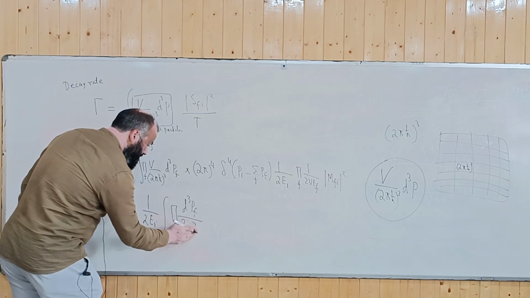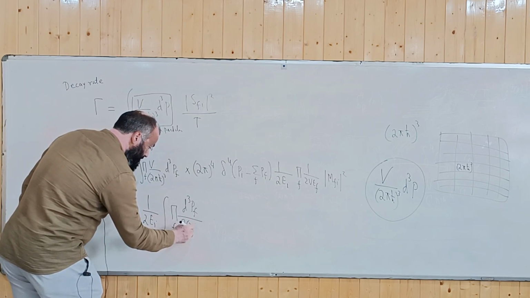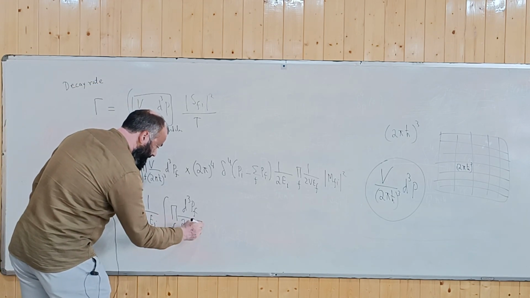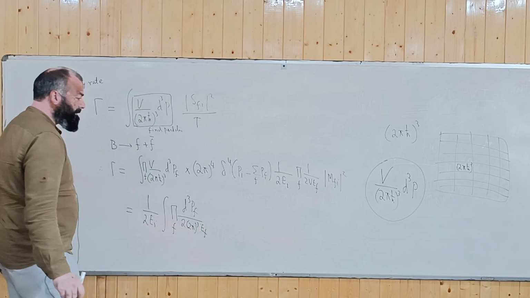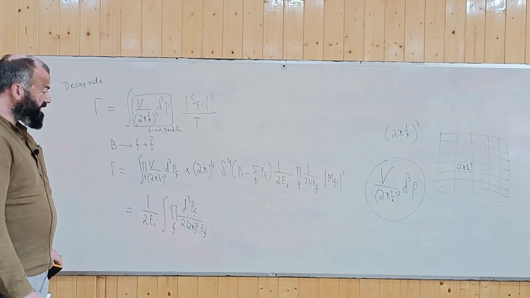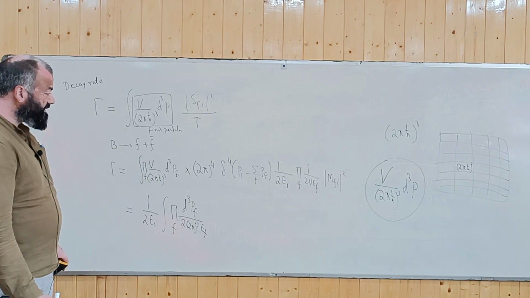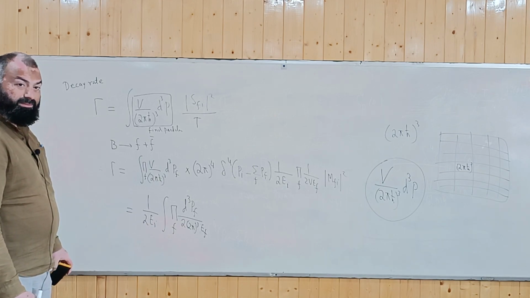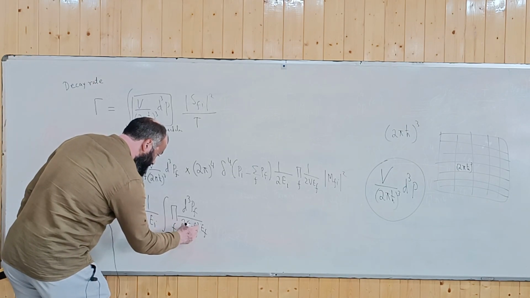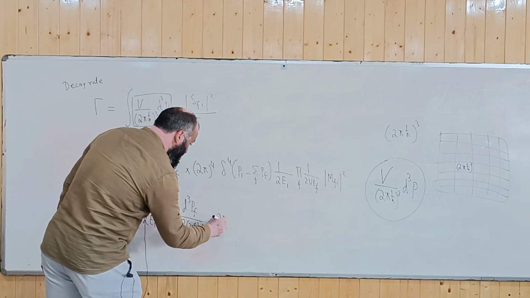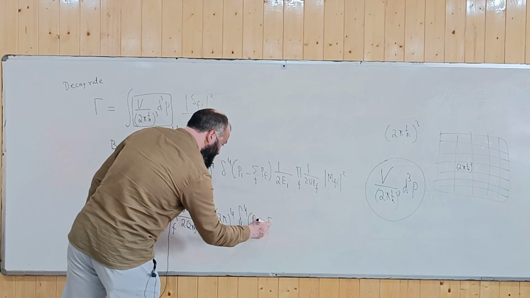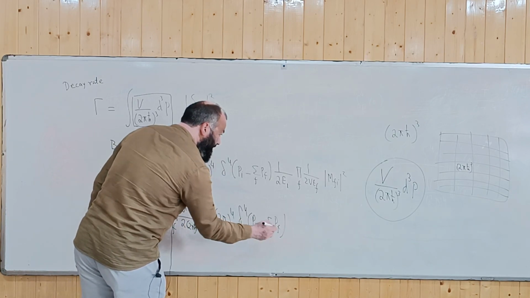Okay. So then what you are having is 2 pi h cross, then 2 pi raised to the power 4 delta 4 of p_i minus summation of f p_f.